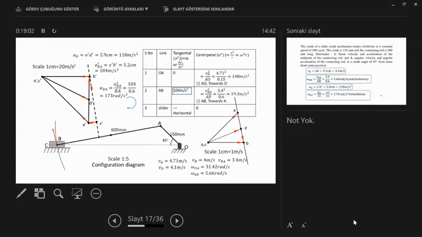This line and this line cross here somewhere. This point is important because it shows the total acceleration of the point B, and this is the tangential component of AB.